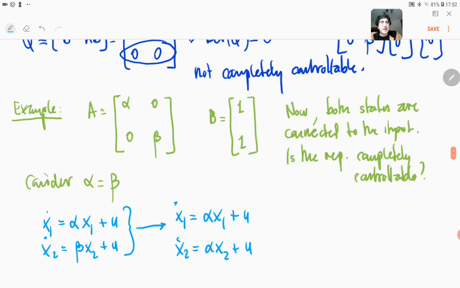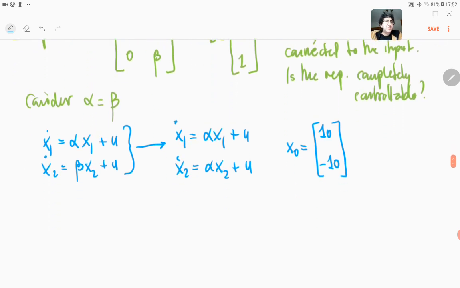Now remember, in order for the system to be completely controllable, you should be able to bring the state to the origin given any arbitrary initial state. So let's consider a state, let's call this x0, and let's say that this state is 10 and minus 10. This is an interesting initial state because x1's initial state is 10.